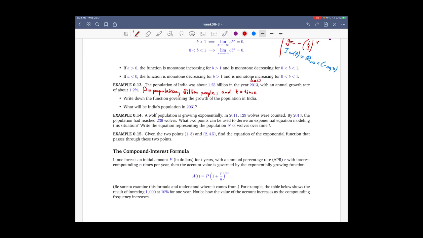Therefore, t is time passed since the year 2013, measured in years.